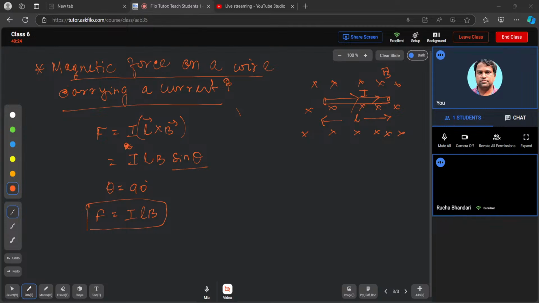And this is the concept taken from drift velocity. If you remember, drift velocity you have studied previously.